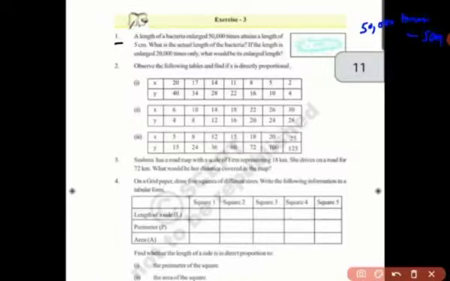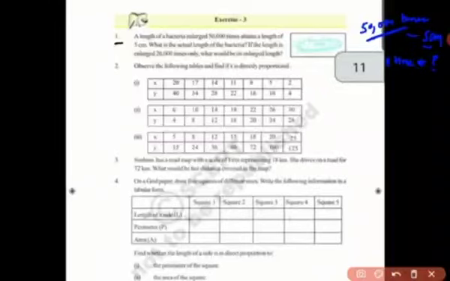Now what is the actual length of the bacteria? When it is enlarged so many times, it is 5 centimeter. Now they are asking us, when it is not enlarged, what is the length of the bacteria? When it is not enlarged, I will simply take it as 1. So for 1 time, how many centimeters are they asking us?